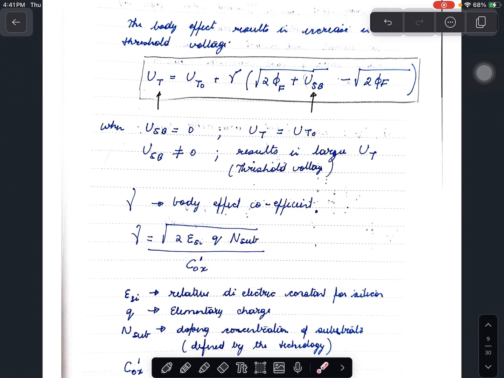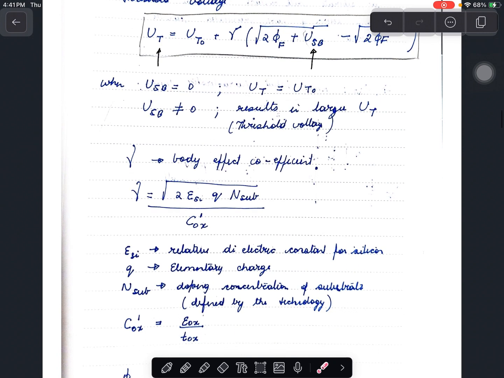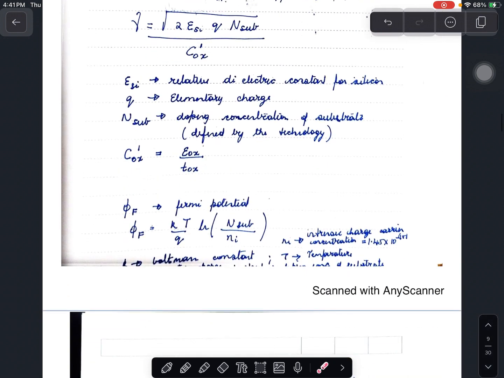Here gamma is called the body effect coefficient. No need of remembering this equation. However, just remember that gamma depends on the doping concentration of the substrate, that is defined by the technology, and phi f is the Fermi potential. It again depends on Ni, that is the intrinsic charge carrier concentration in the substrate.